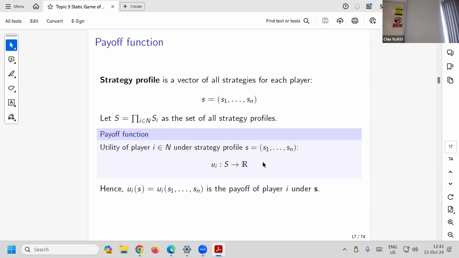Based on this strategy profile, we can define the payoff function, which depends on everybody's strategy. You give me a number, a utility, and that is the payoff. It's a number. You probably would ask at this point of time, can we do preference? Yes, you can, but we are not going to.